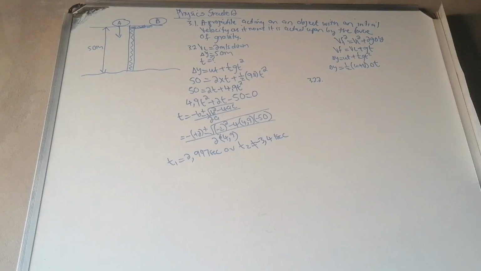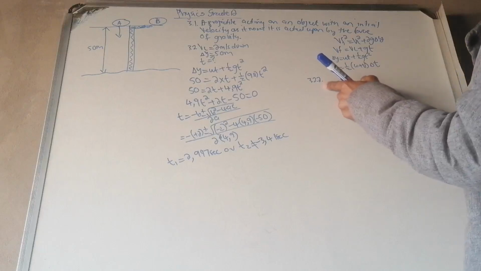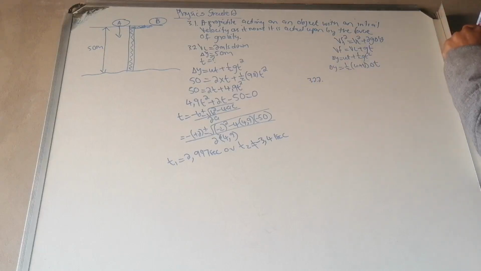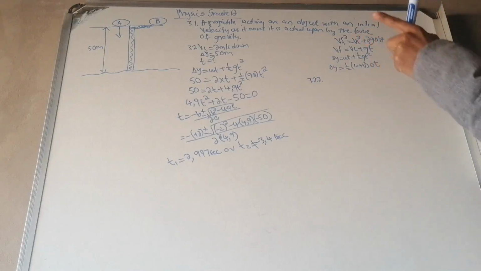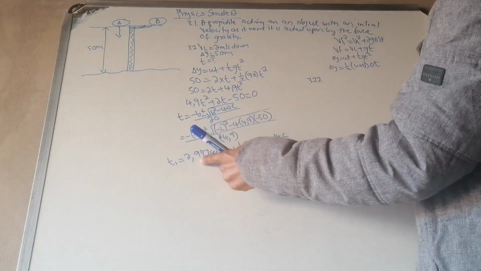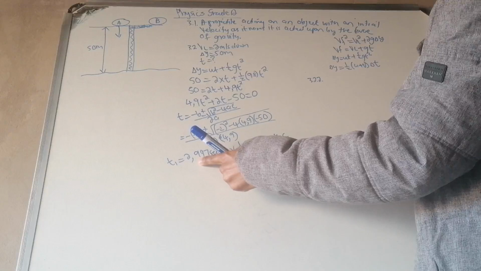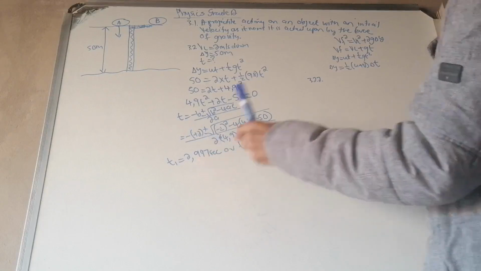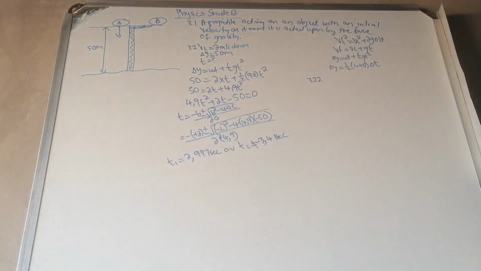After 1 sec. Okay. But I know that they hit the water at the same time. But I know that after 1 sec, the second stone was thrown. And I know that the time it takes for stone A to hit the water is 2.997.